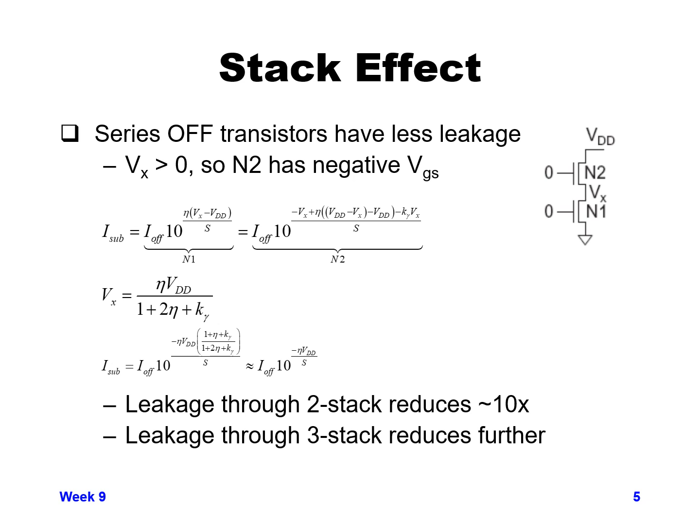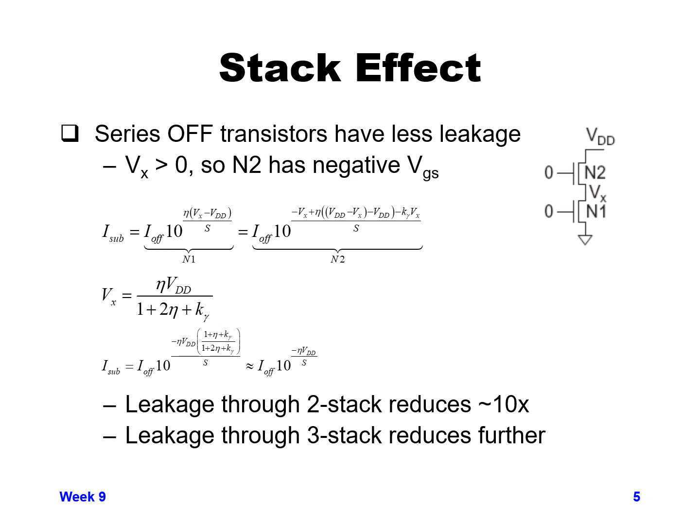The reason for that is the first device will leak a little bit, and because of the leakage going through N2, it will actually increase the voltage at the VX node in between N2 and N1. As that voltage increases and goes larger than 0, keep in mind the gate voltage of transistor N2 is at 0.